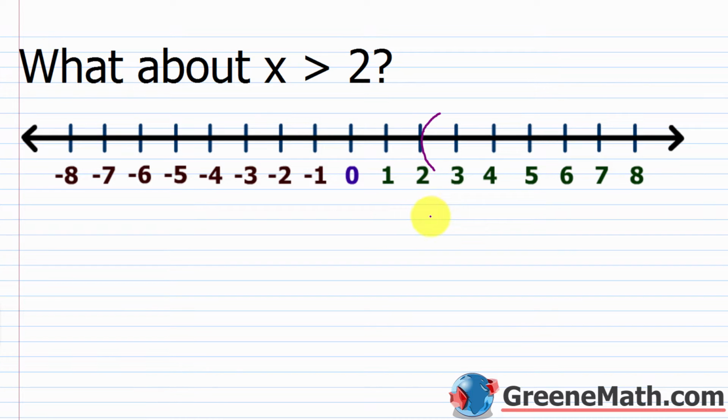The parenthesis is telling me that 2 is not included. And then I'm going to shade everything to the right. When you're doing this on a test, just make it clear that you're shading everything to the right. And just shade that arrow there just to say, hey, this is going to continue forever and ever and ever.